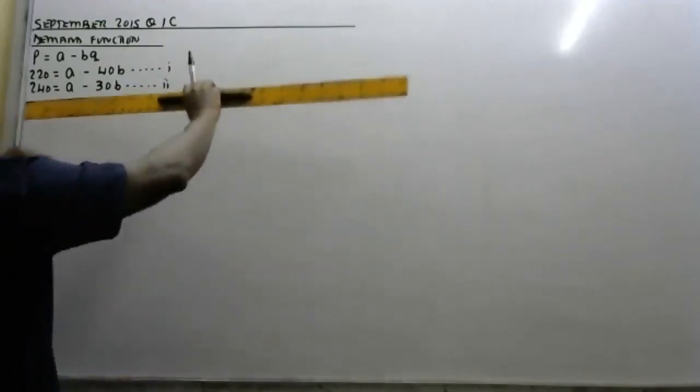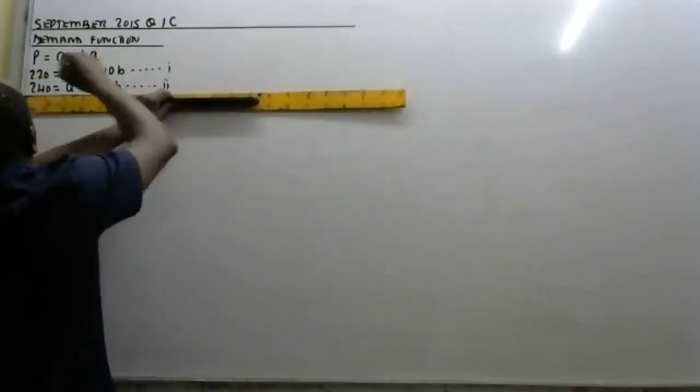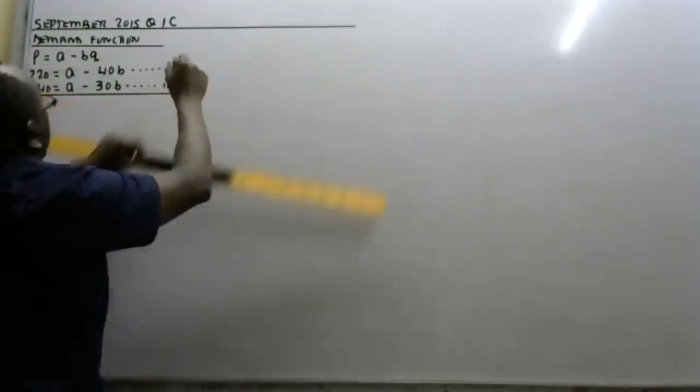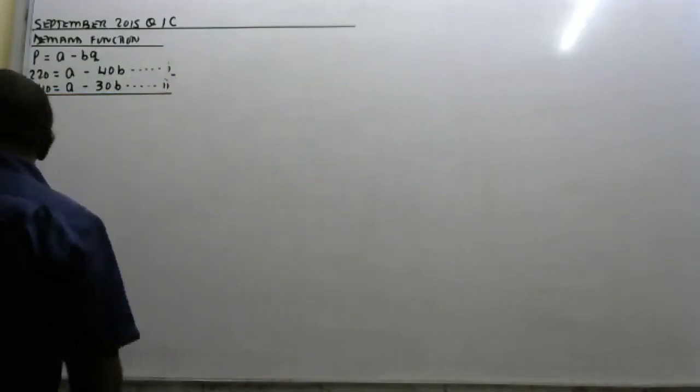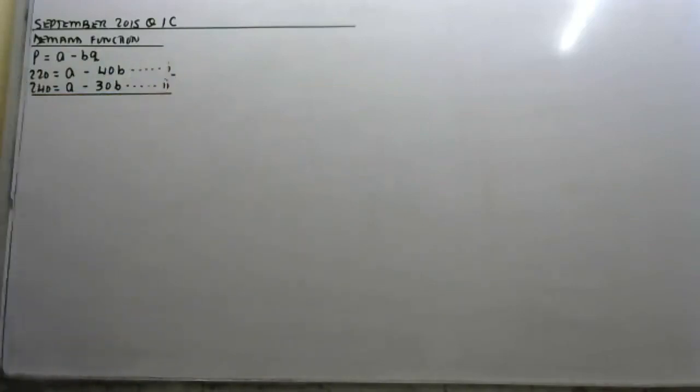So we subtract as usual. When you subtract, 220 minus 240, you get minus 20, which equals minus 10B. And therefore, B should be equal to what? 2.